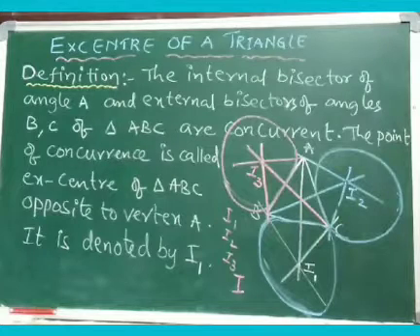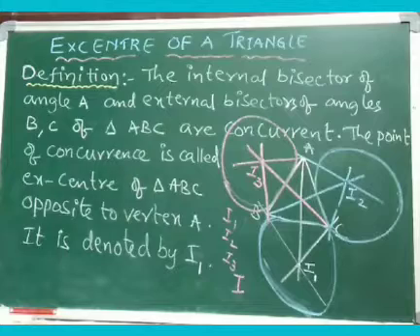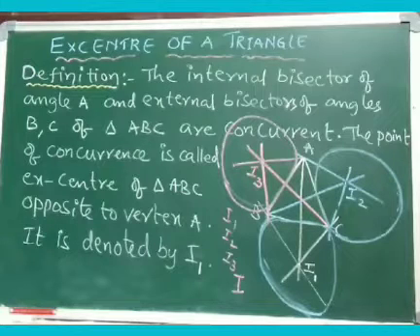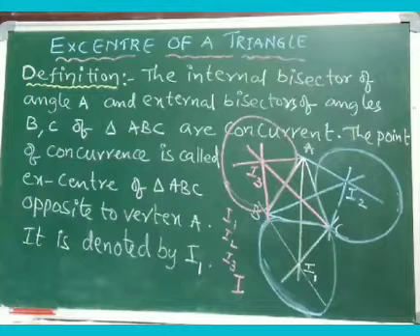Now let us discuss how we can find excenters when the vertices of a triangle are given to you. When A, B, C are given to you, how can we find the excenter, which is almost the same as the incenter formula.